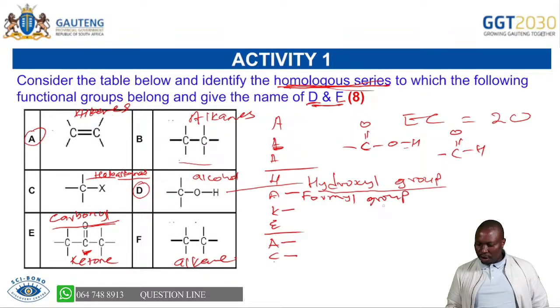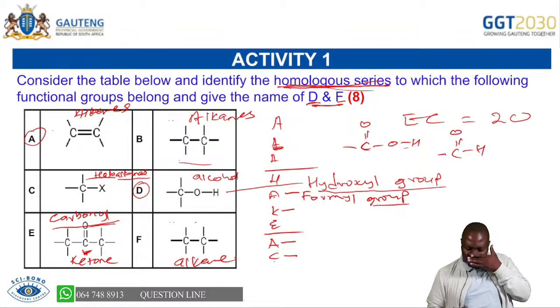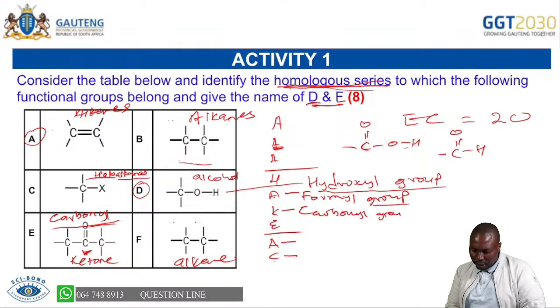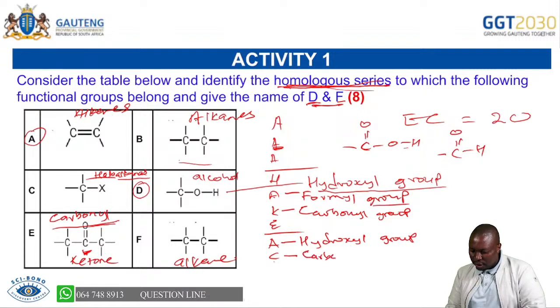Don't forget, this functional group must always have the word group in front of it. Now ketones, we said is the carbonyl group. And alcohols, we said is the hydroxyl group. And carboxylic acid is the carboxyl group.